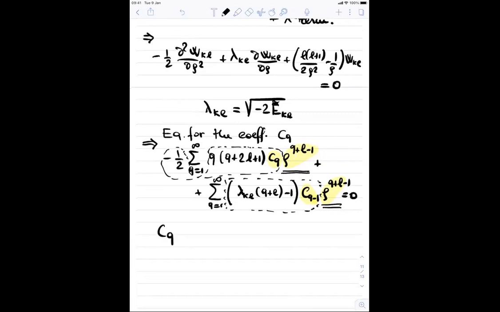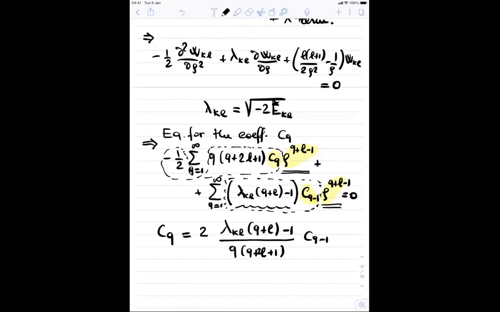CQ has to be related to CQ minus 1 in the following way: twice lambda KL times Q plus L minus 1, divided by Q times Q plus 2L plus 1, times CQ minus 1.